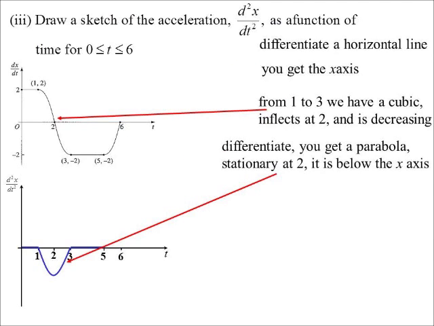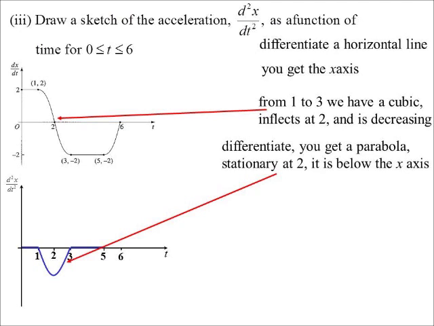Okay. From 1 to 3, I don't know what that curve is. But from the rotational symmetry, I'm going to say it's a cubic. So if that's a cubic, then when I differentiate it, I'll get a parabola. So I've drawn that sort of shape in. Oh, it's below the x-axis. Why is it below the x-axis? How did I know to put it below and not above? The curve is decreasing, which means its derivative is negative.